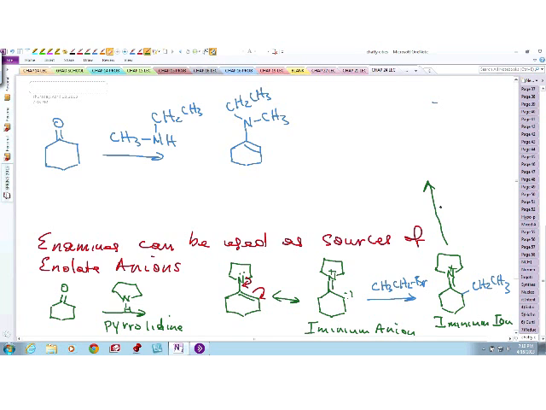You can very easily hydrolyze this using dilute acid to go to here.